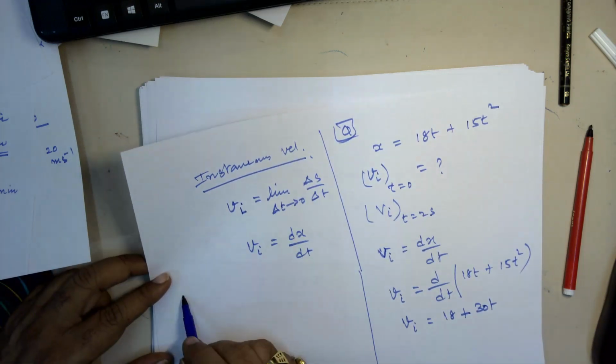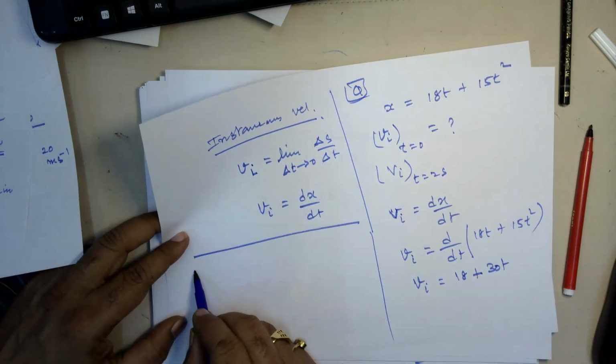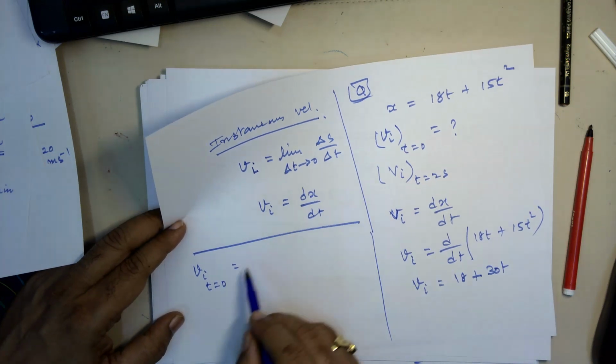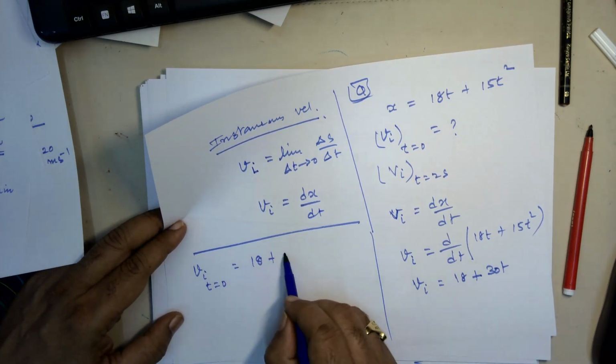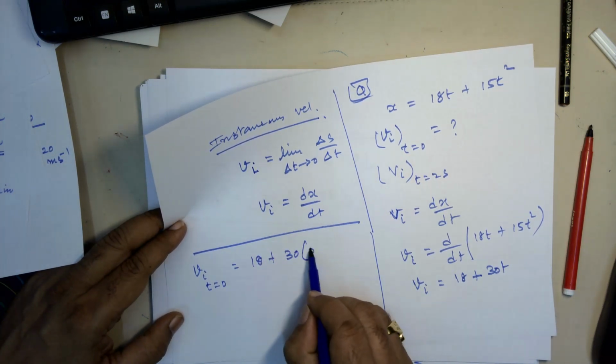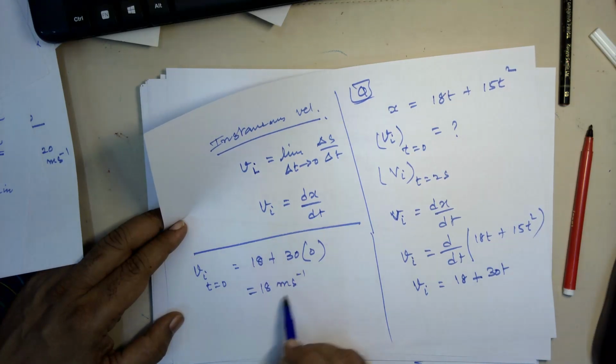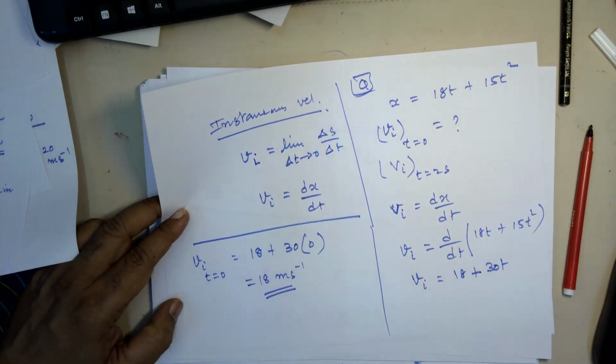Okay. Now we have to evaluate Vi at t is equal to 0. It means 18 plus 30 into 0, that is 18 meters per second. So this is the first answer. Got it?